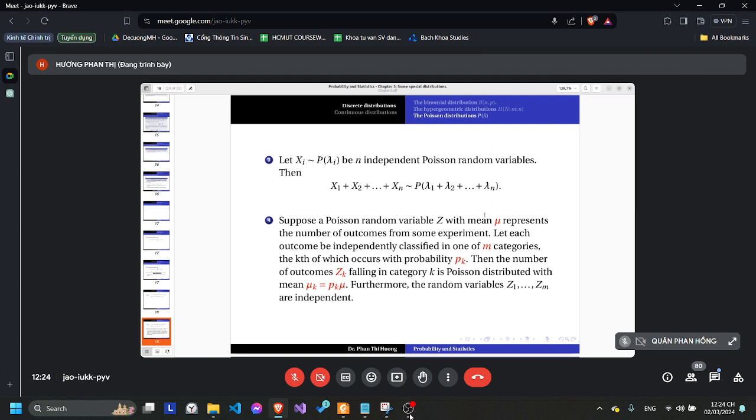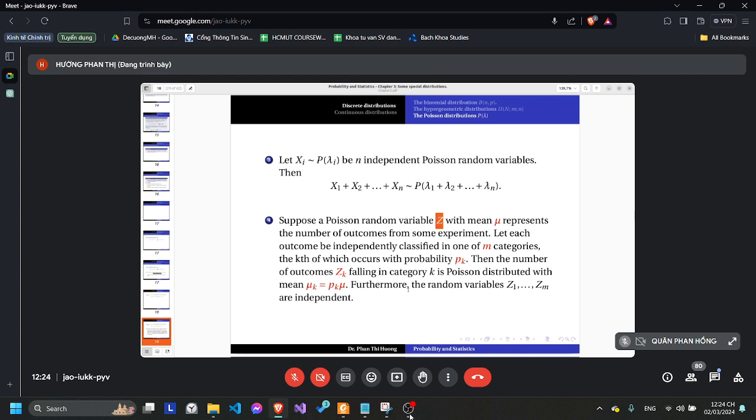Here, it says that if Z is a Poisson distribution with mean mu, and the outcomes or events are each independently classified into one of m groups, then if Zk indicates the number of events in group k, Zk also follows a Poisson distribution with the new mean equal to the probability of belonging to group k multiplied by the mean of Z. Moreover, Z1 to Zm are also independent.